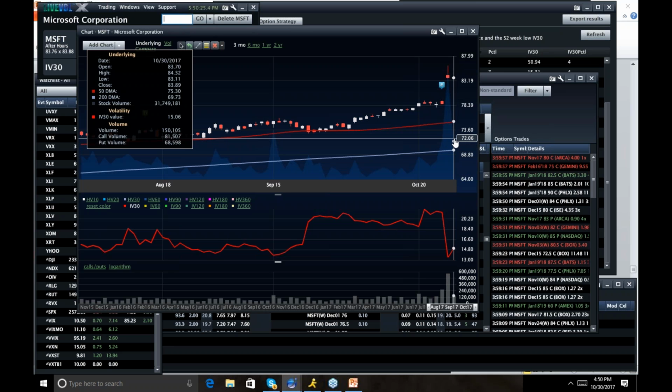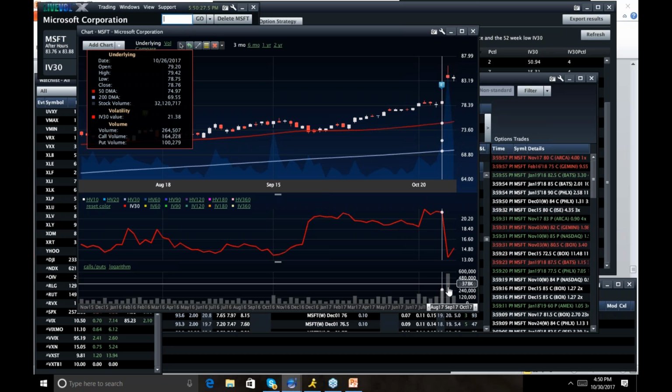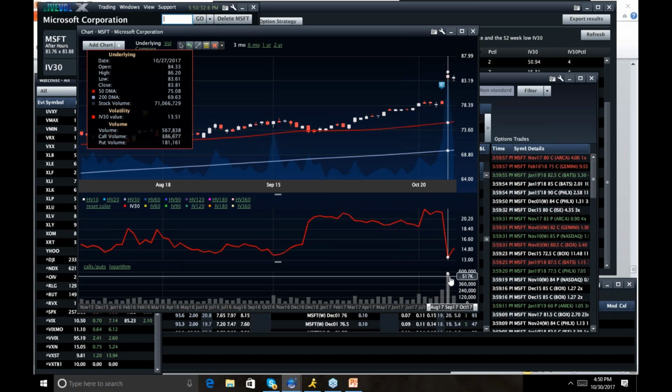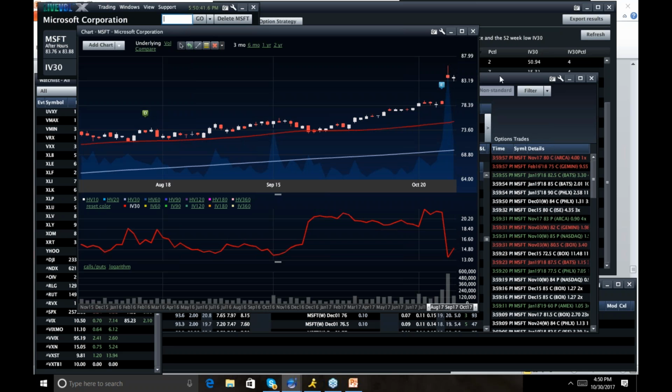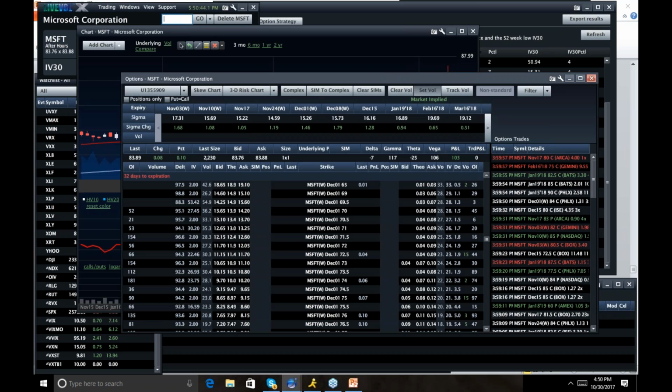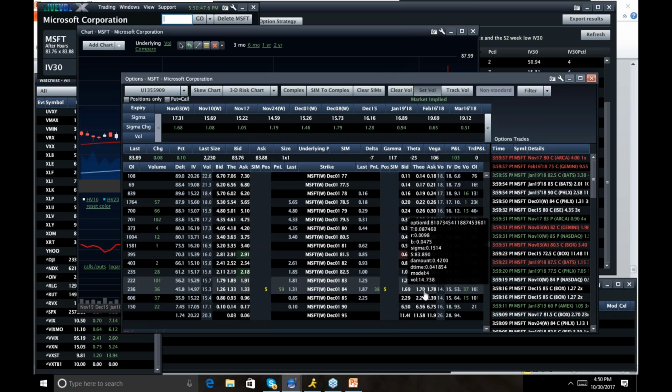This looks like it's too cheap. So we bought a straddle at the 84 strike. You see, volatility was too cheap. We did the December 1st straddle. I think it's up a little bit, not very much, but it's up a little bit.